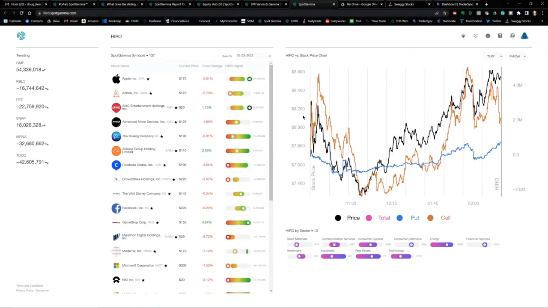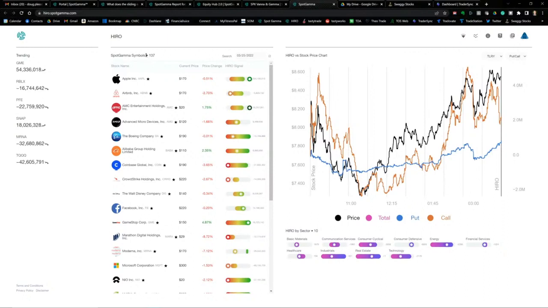It's only been out for a few weeks, and what it's showing, just briefly on the left here, are some trending stocks that apparently SpotGamma has some kind of proprietary indicator for. This column shows a list of stocks.